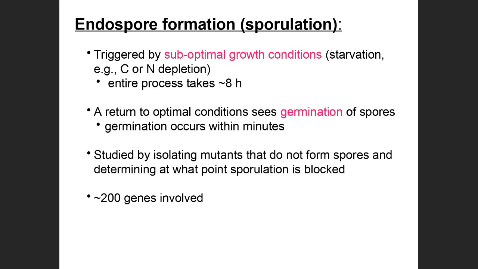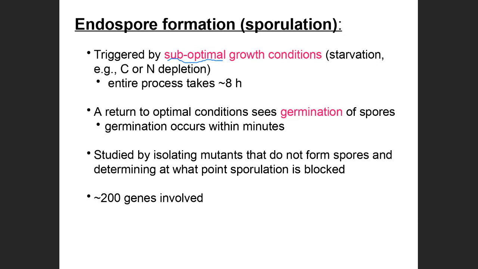It is triggered by conditions that are harsh, in other words, suboptimal conditions. I'm talking about conditions that are not favorable for growth and for the vegetative state to proliferate. So those starvation conditions, or conditions of high pressure, cold, excessive heat, and so on, tend to put a pressure on the organism which can form the spores.